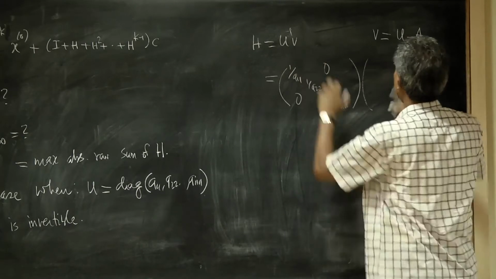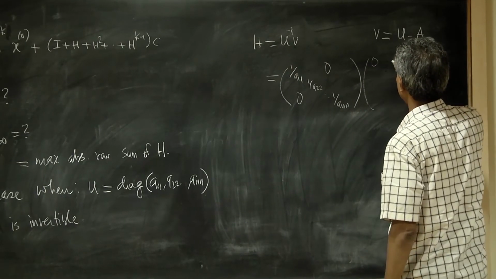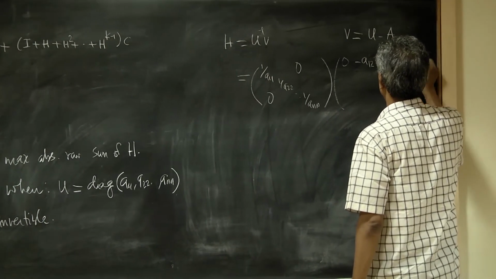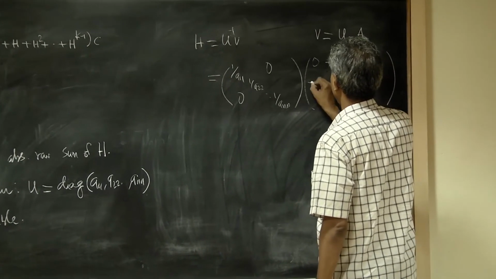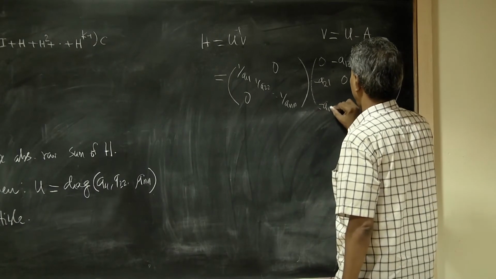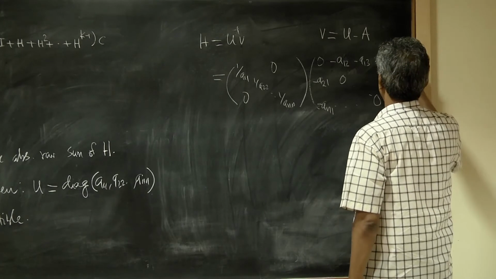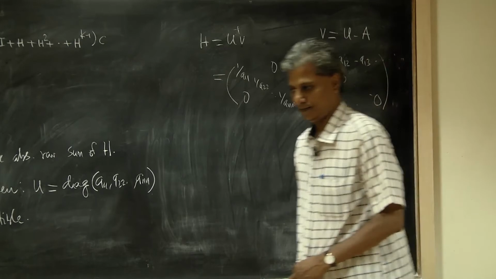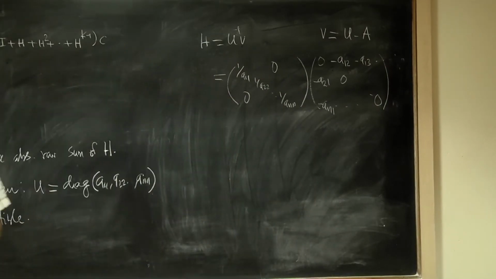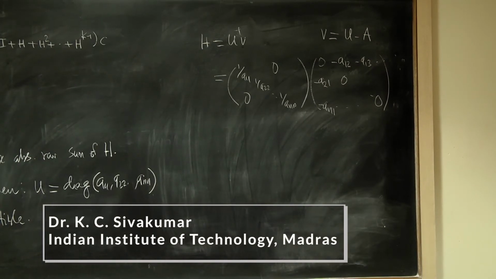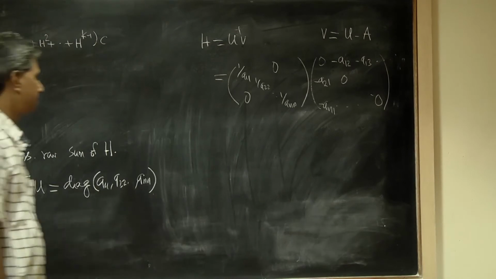This multiplies V, and V is U minus A. The diagonal entry is 0, then minus A12, minus A13, etc., 0 here, minus A21, etc. This is H. So can you now verify that the row sum is less than 1 because of diagonal dominance?